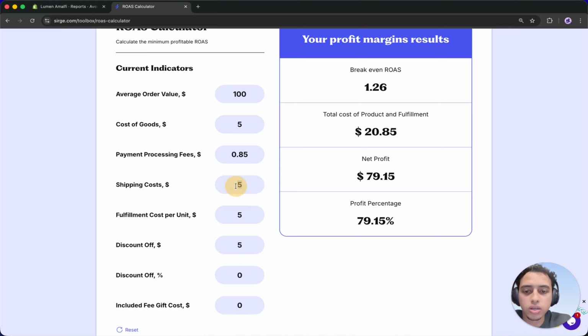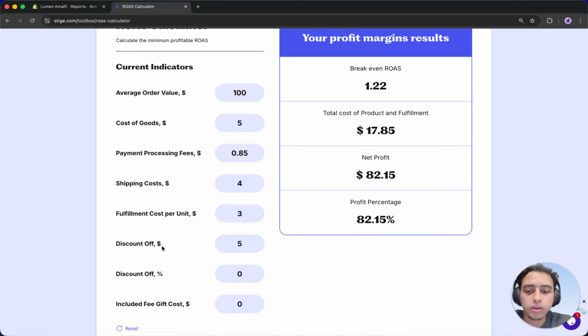Let's just say it cost us $4. Now, fulfillment cost per unit is what it costs you to fulfill each individual unit. That's like bubble wrap, boxes, or whatever it may be, just to get it to a ship-ready state. Let's just say it's $3, boxes and bubble wraps.